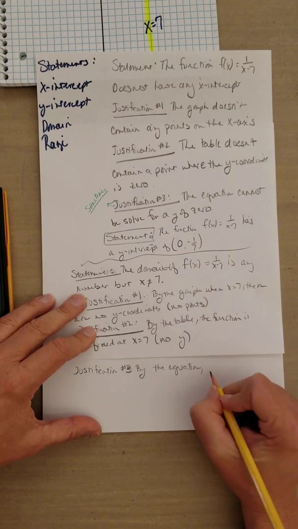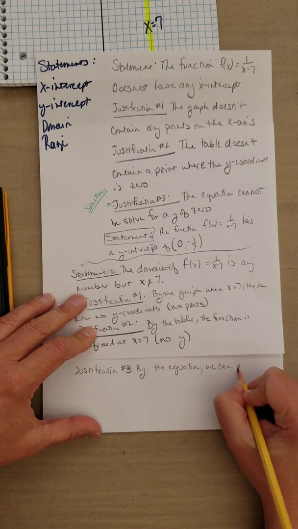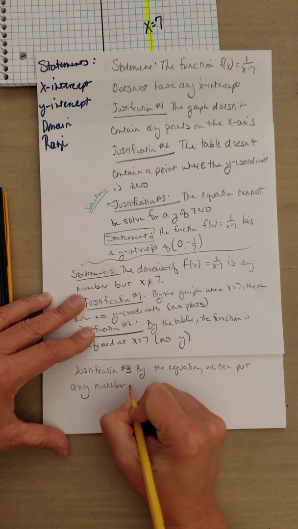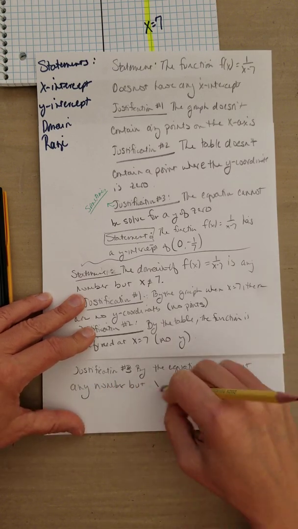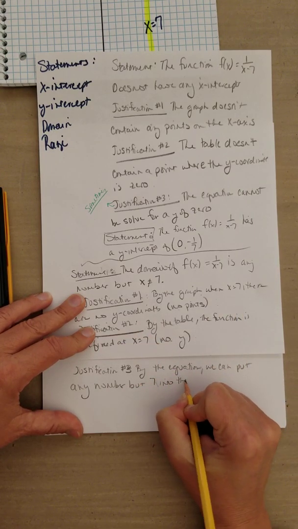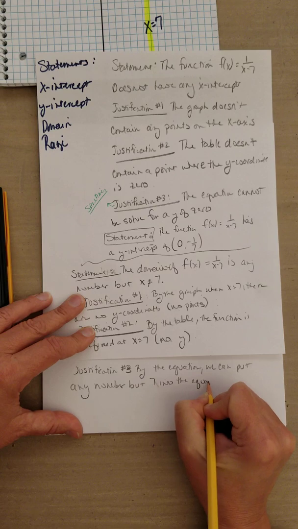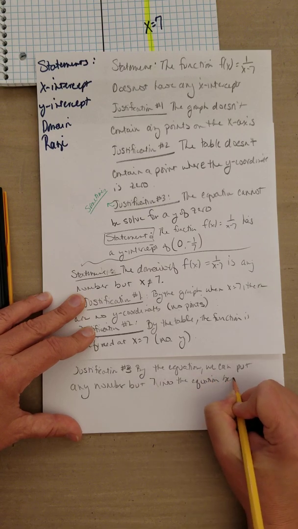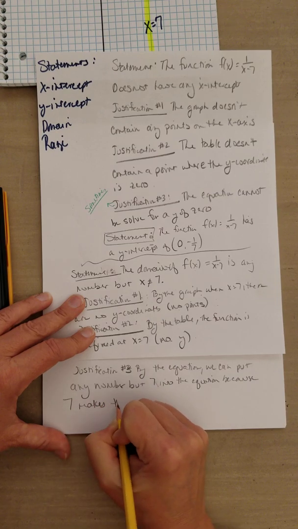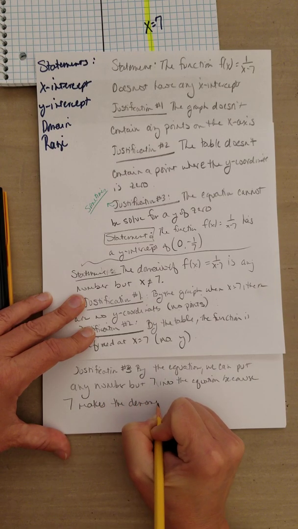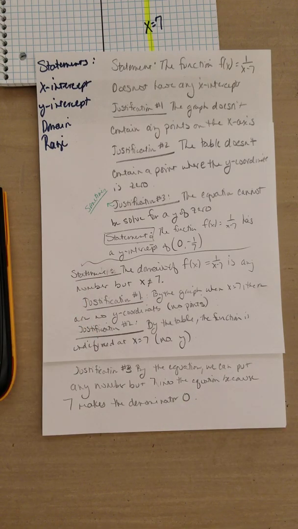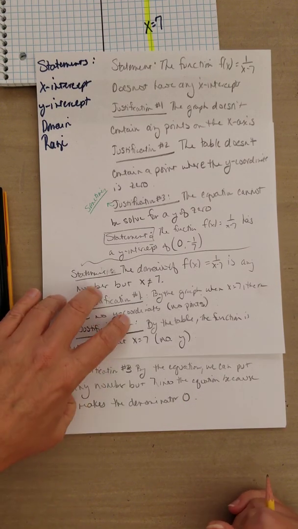So by the equation, we can put any number but 7 into the equation because 7 makes the denominator 0. Okay. So those are my statements and my justifications.